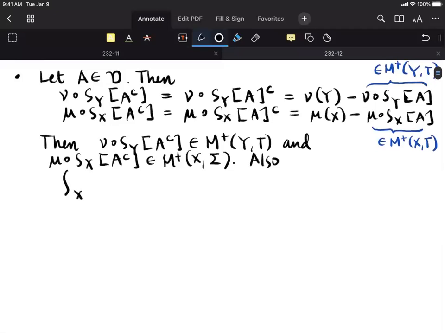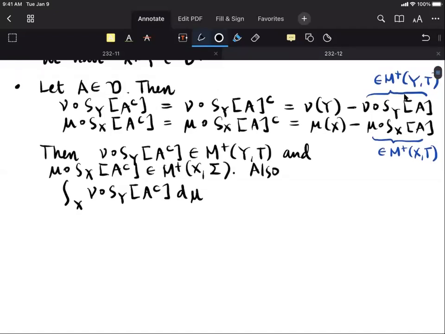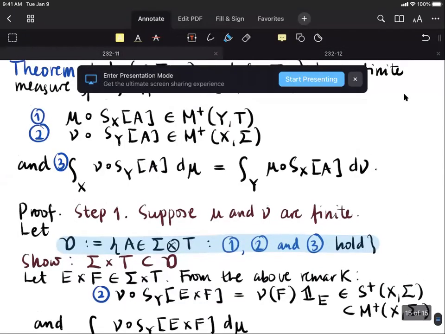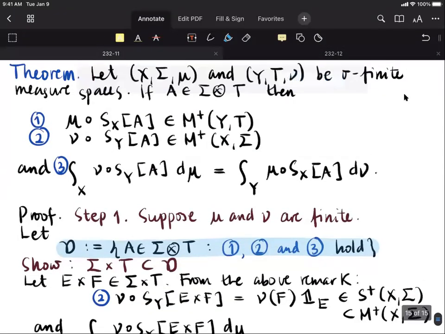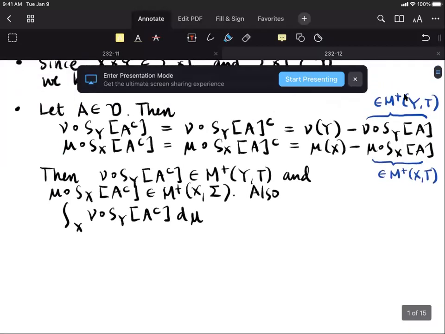So integrating the first one, I think we have a mistake here. Yes, this should be the other way around.